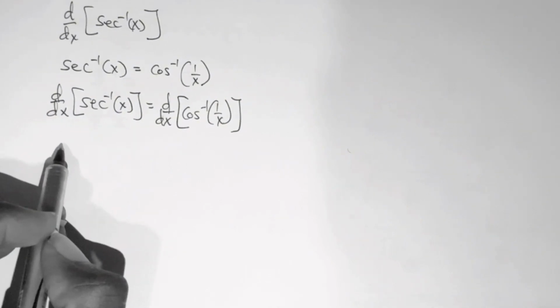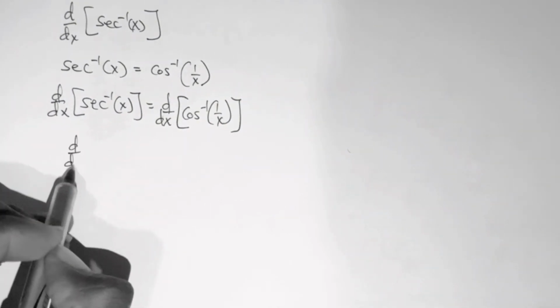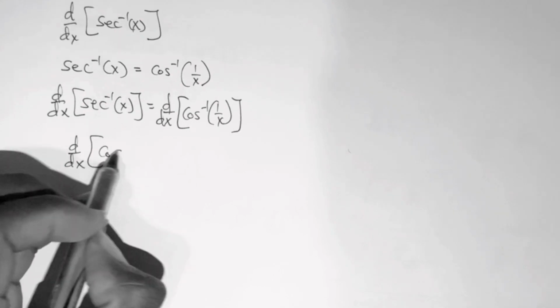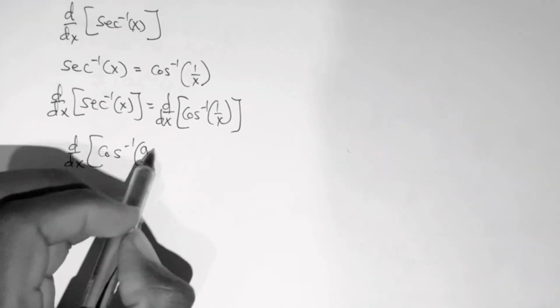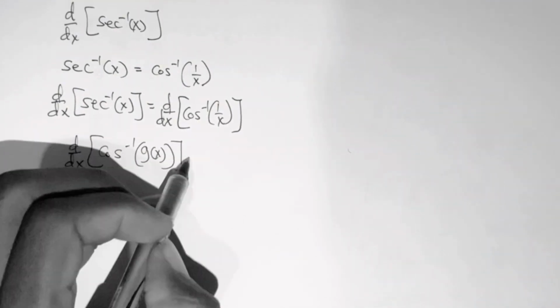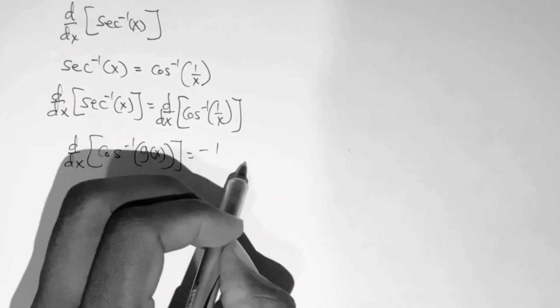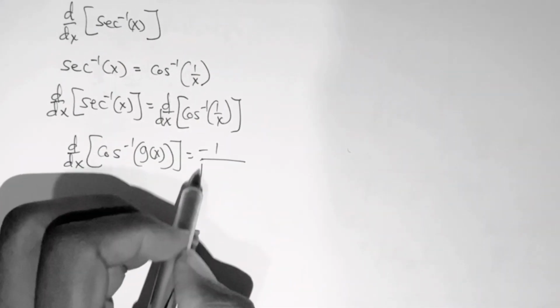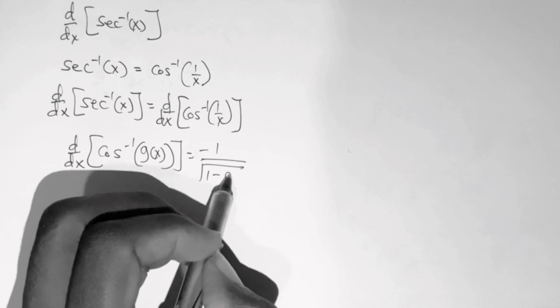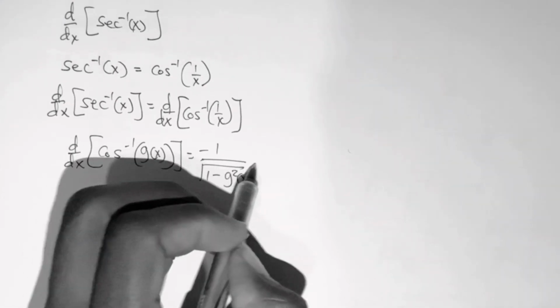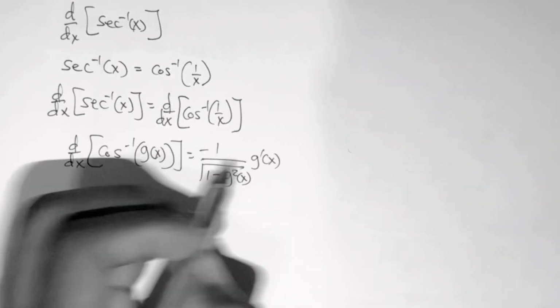Now remember that we have said that d dx of cos inverse of g of x is equal to minus 1 divided by square root of 1 minus g squared of x times g prime of x.